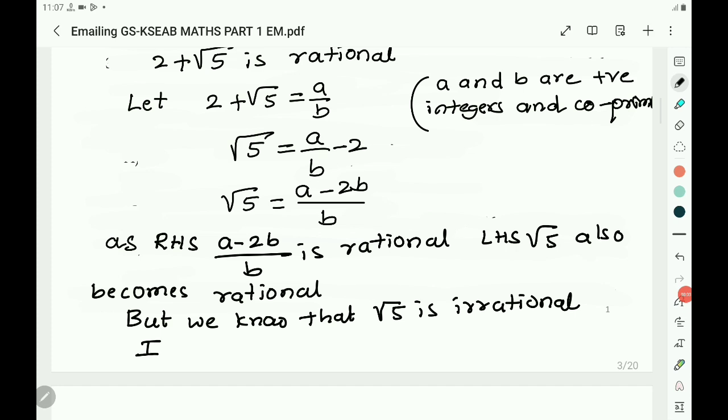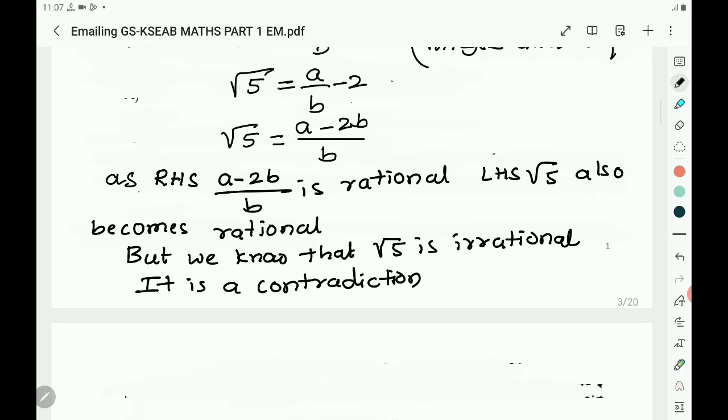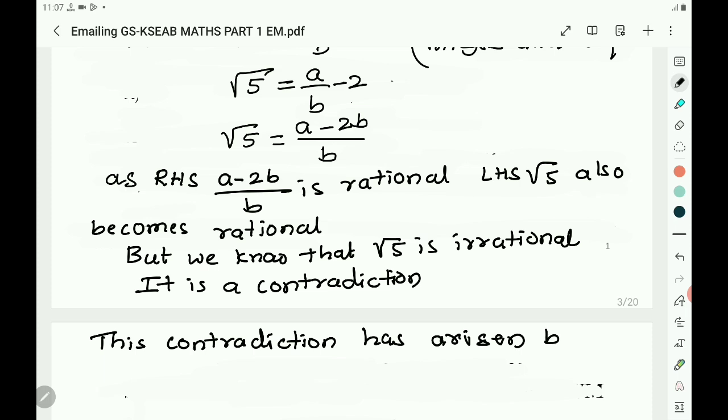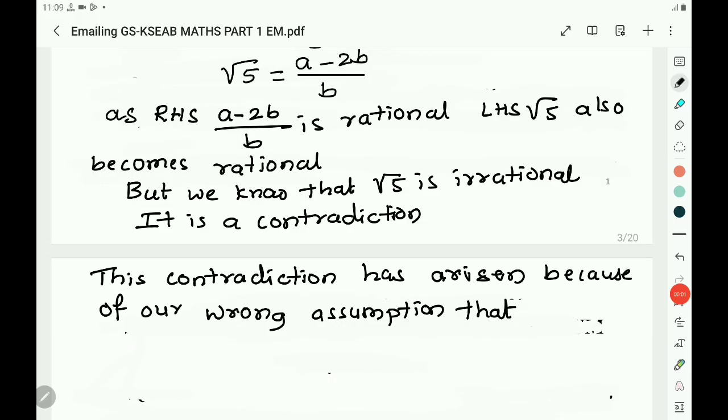It is a contradiction. This contradiction has arisen because of our wrong assumption, that 2 plus root 5 is rational.